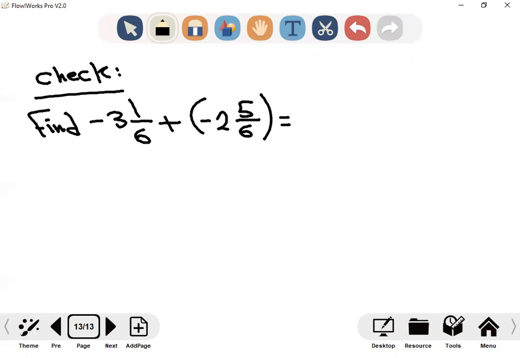Now, if we have two signs following each other, we know the idea, right? Do you remember? These two signs become what? The question becomes minus 3 and 1 over 6 minus 2 and 5 over 6, right?